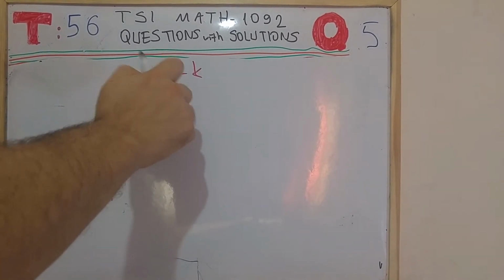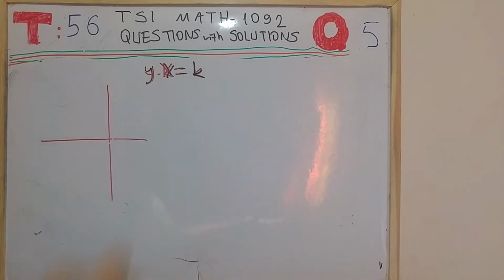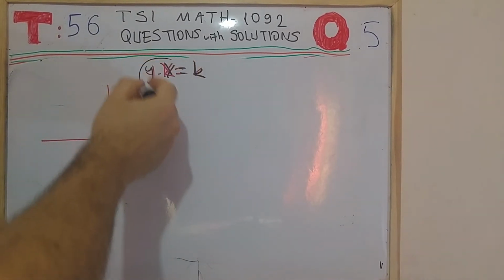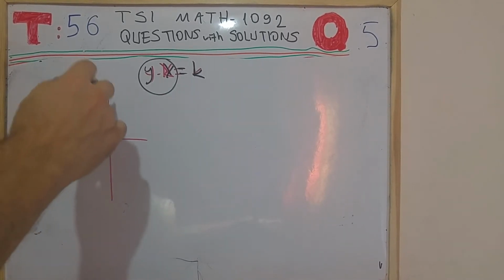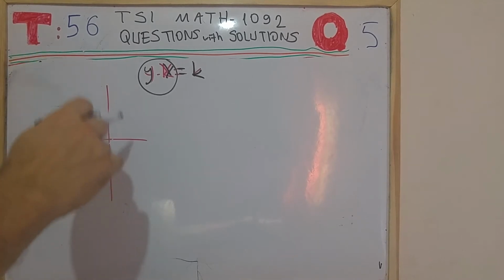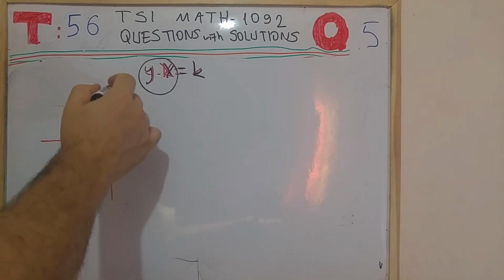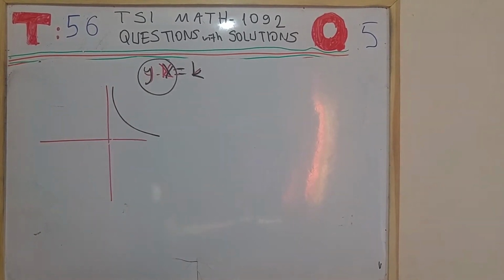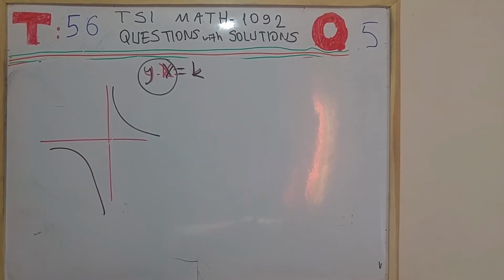And multiplying two numbers and reaching a constant means that each number must have the same sign, or otherwise at least they have to occupy two different and symmetrical quarters. Therefore, this graph could only be something like this. The other part could be this. However, we don't have that in the choices, so the right answer is A.